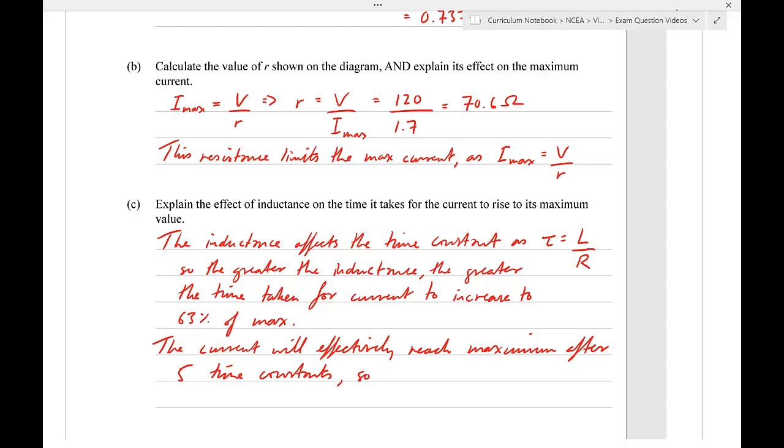So this will take a longer time if L is greater. Okay, have we answered the question fully? Explain the effect of inductance on the time it takes for the current to rise to its maximum value. I think we've done that. Okay, next question.